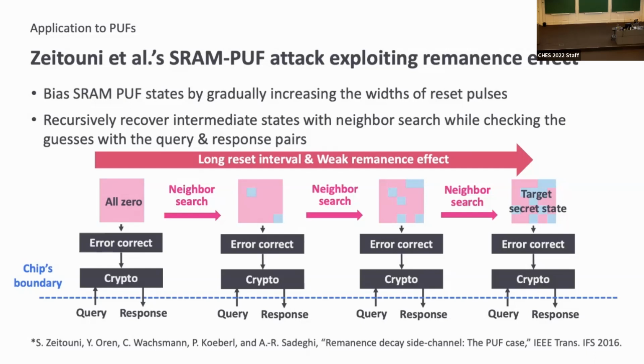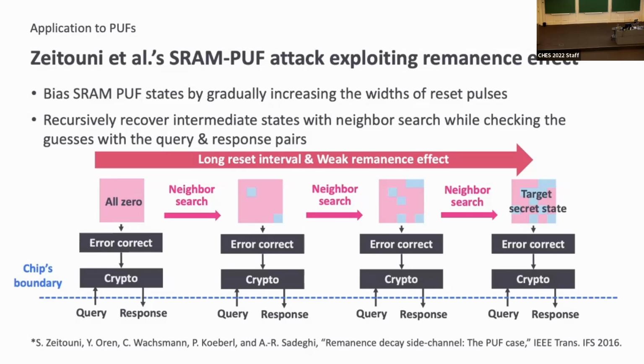If a reset pulse is short enough, SRAM holds the previous values by the remanence effect, resulting in an all-zero PUF state. A pulse width in between results in a PUF state in between. As a result, the attacker can bias Hamming weights in the PUF states by gradually increasing the reset pulse width.